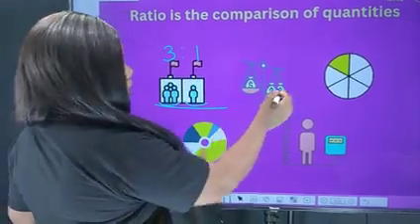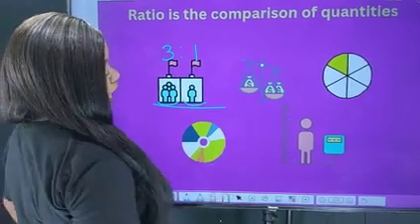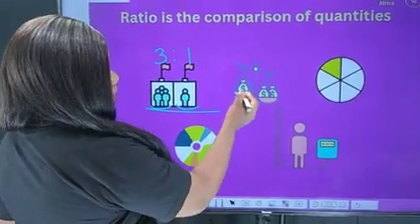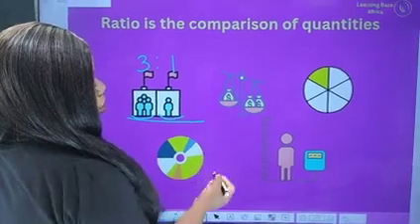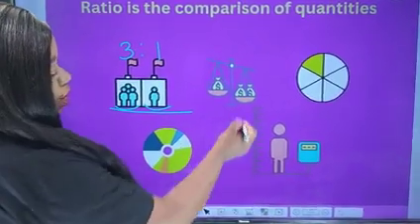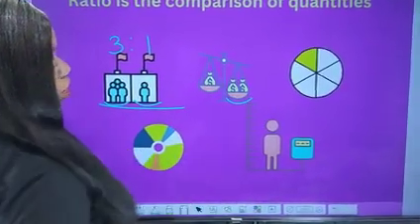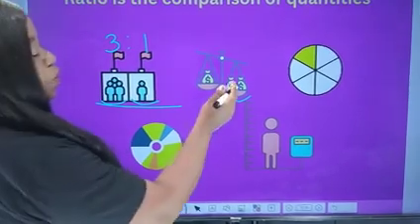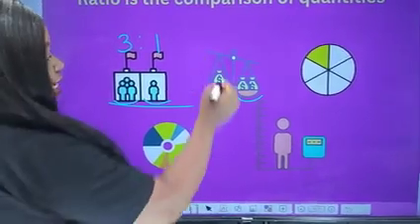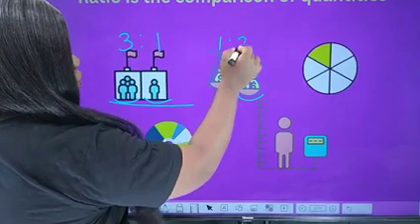The next one is the amount of money we have here. In this container, we have a bag of dollars. In the second container of scale, we have 2 bags of dollars, and that is 1:2.